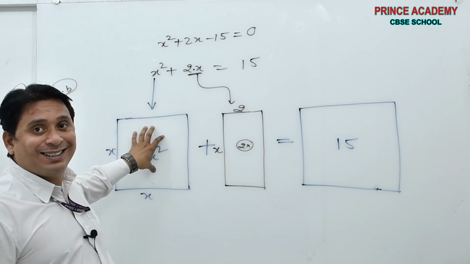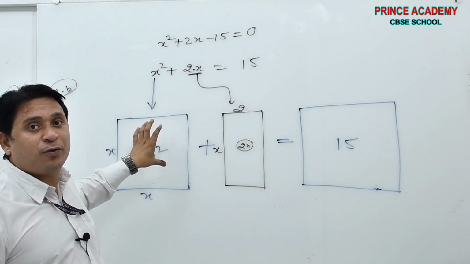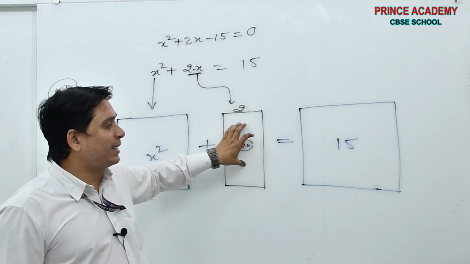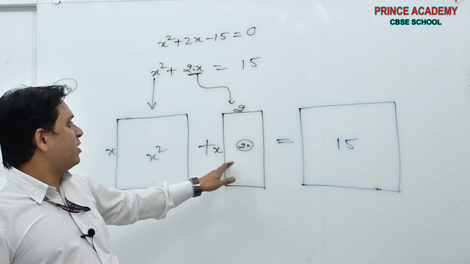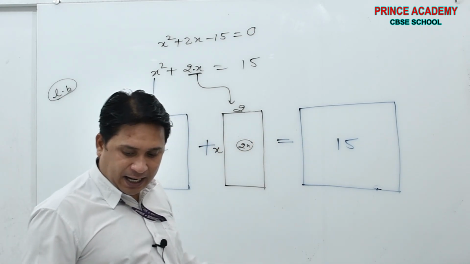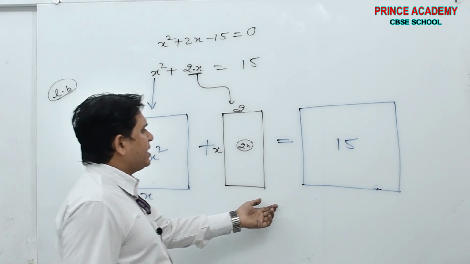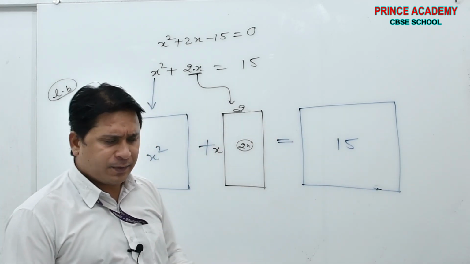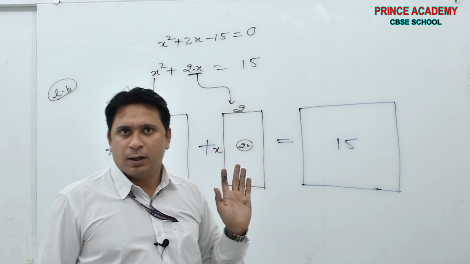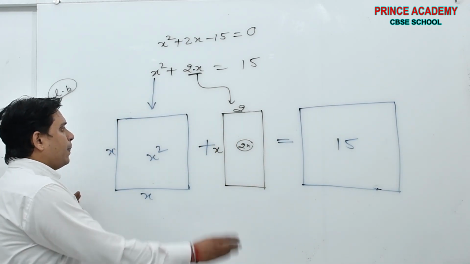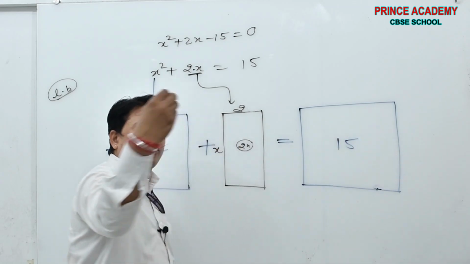This was a square of side x. This was a rectangle of sides x and 2. Then we added these. We need not find these sides. Just you see, this plus this will give you a rectangle of area 15.